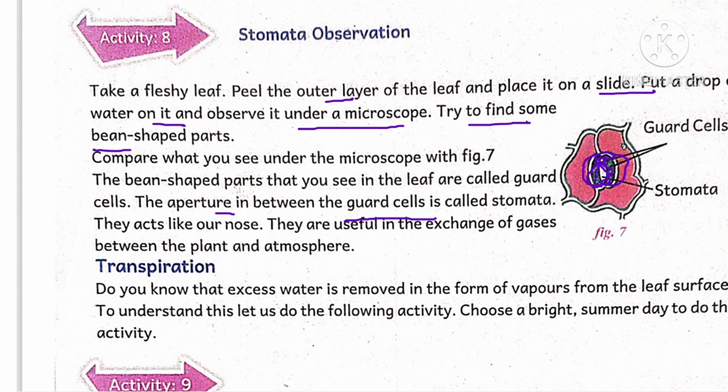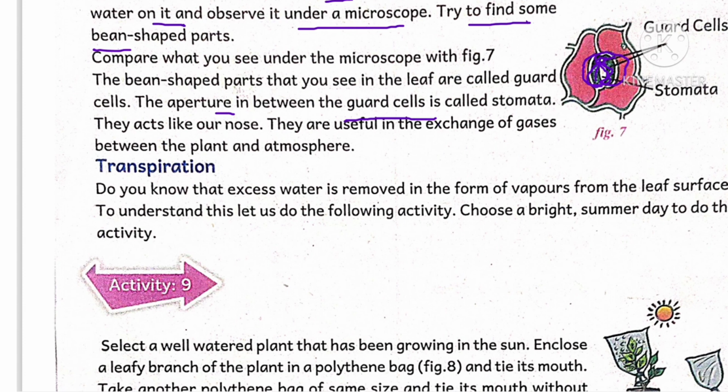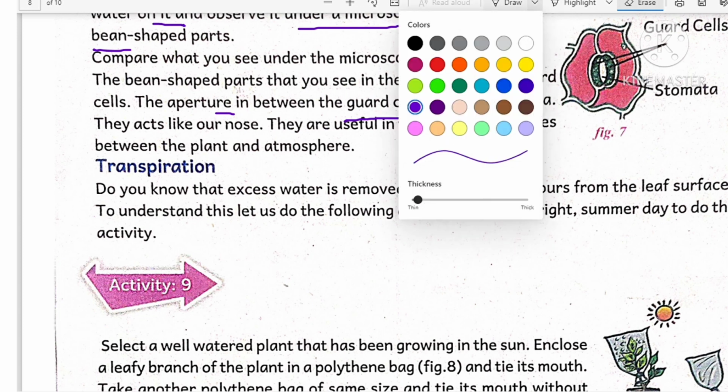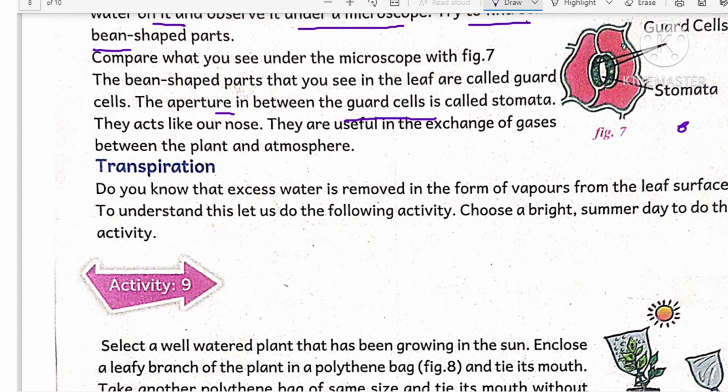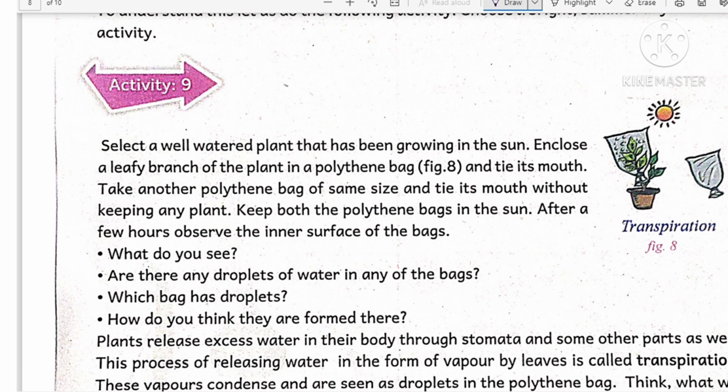Okay. So transpiration. What is transpiration? Do you know the excess water is removed in the form of water vapor from the leaf surfaces? To understand this, do the following activity. If you want to know about transpiration, select a watered plant that has been growing in the sun.